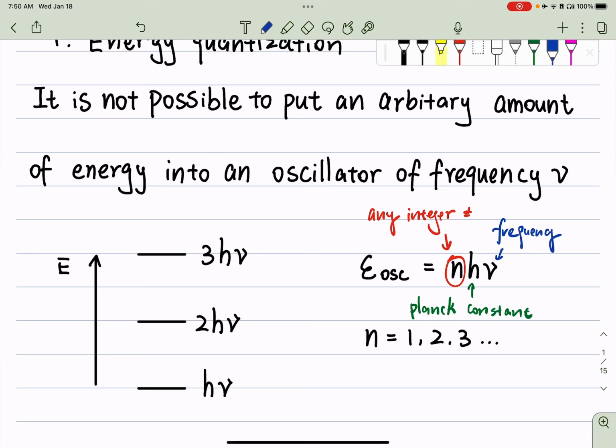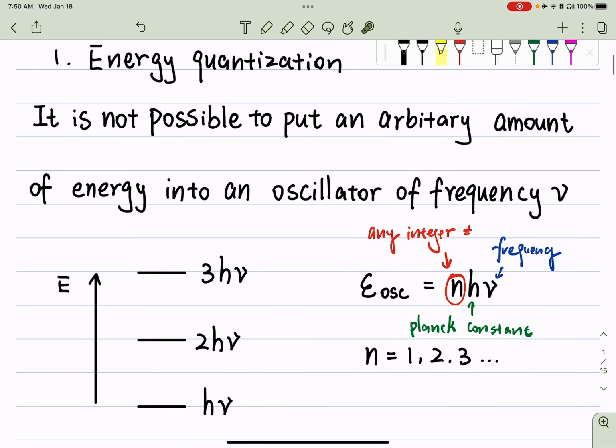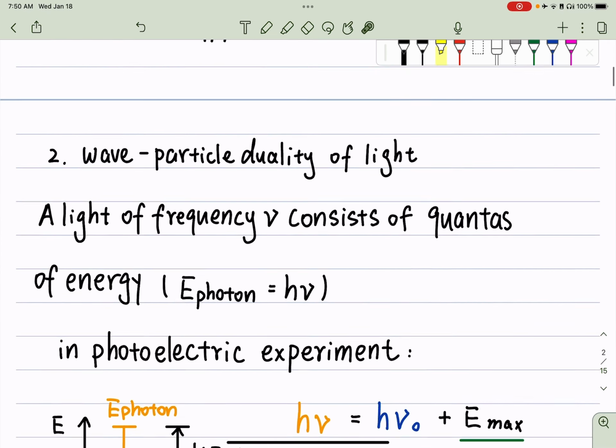So for any oscillator, energy levels are quantized. That's our first quantum hypothesis.